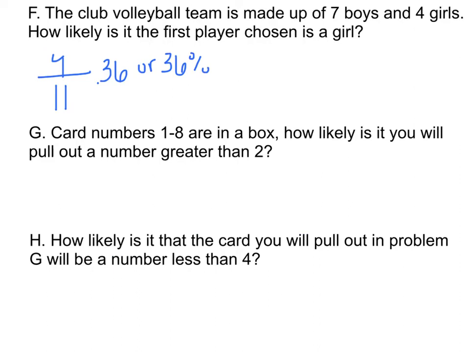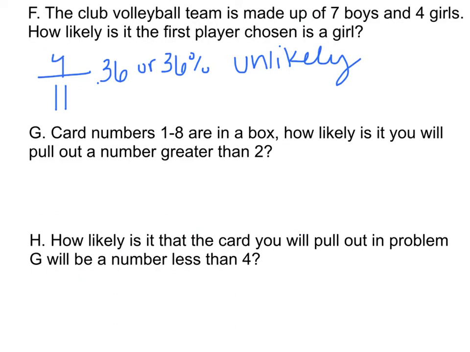So if you look, is it going to be closer to 25 or closer to 50? It's going to be right in the middle. So there's a 36% chance. So I would say it's going to be more unlikely that they're going to choose a girl over a boy. There's a greater chance that they will choose a boy.